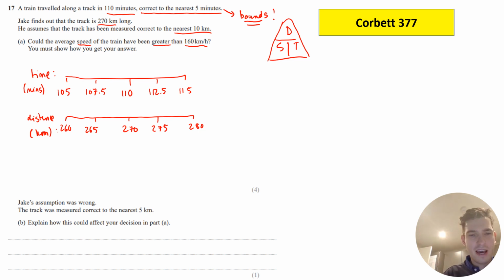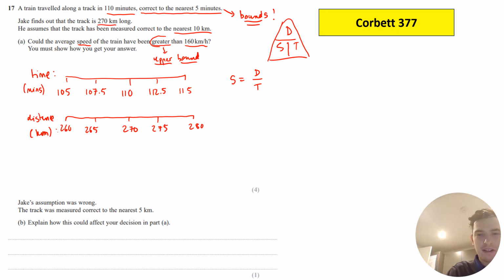So we're saying, could the average speed of the train have been greater than 160? So I want to find out speed. And so the equation is speed equals distance over time. And it says greater than. So I think if I find the upper bound, the maximum, we could see whether it could have been greater than 160.